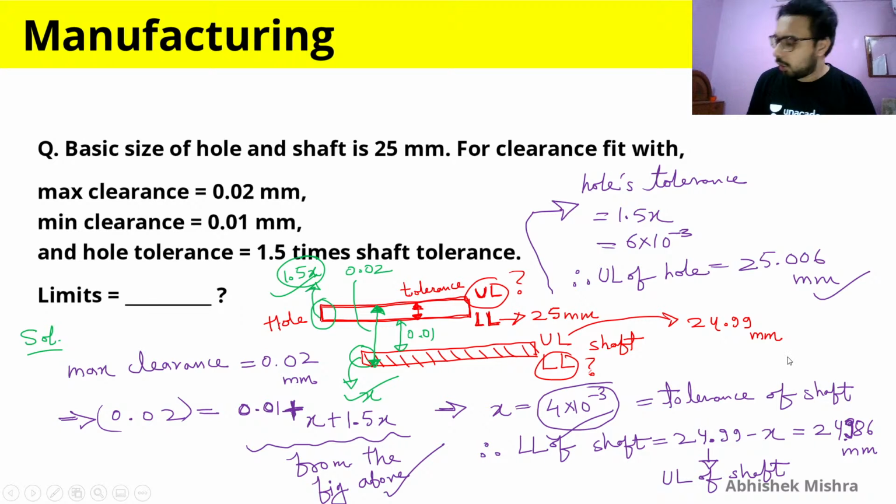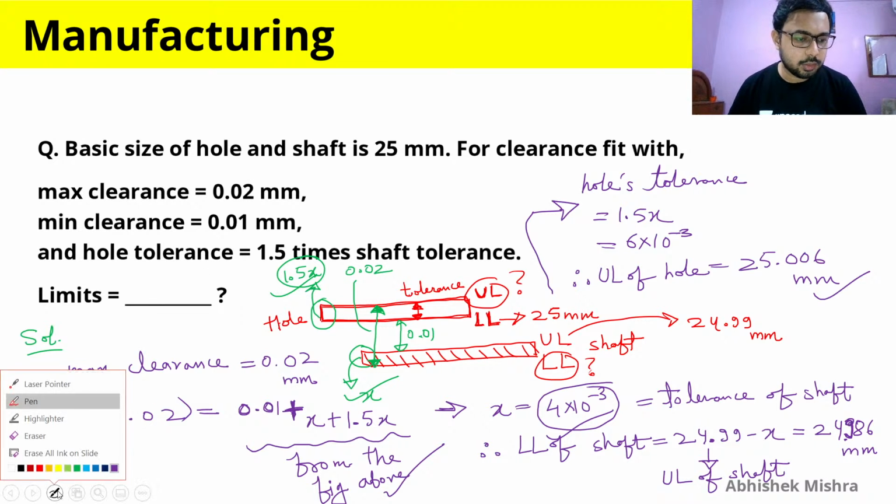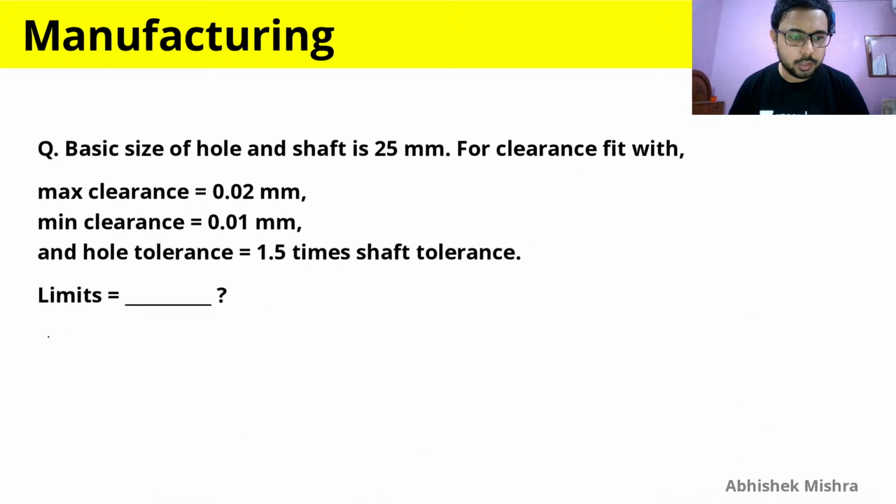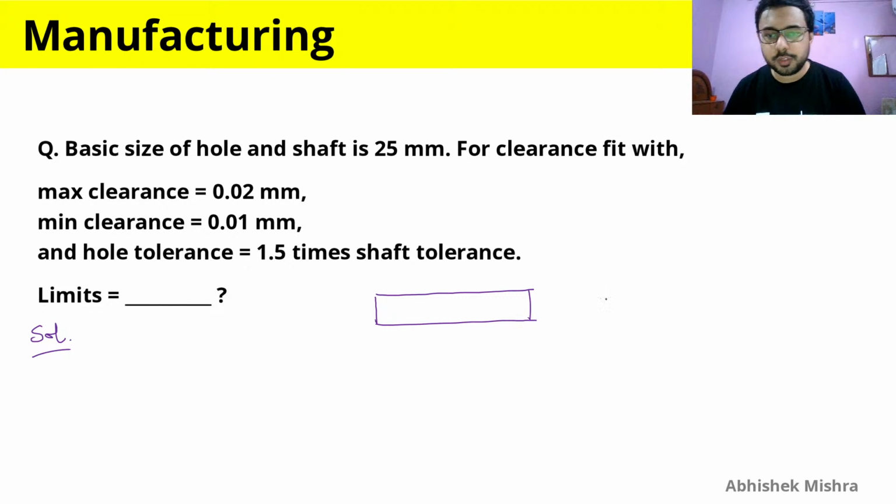Since there are quite a lot of things shown on the screen now, let's summarize what we have studied here. I will quickly summarize it in under a minute. In this type of question, first make a box to represent the hole, with an upper limit and lower limit, and make another to represent the shaft, again with upper limit and lower limit.